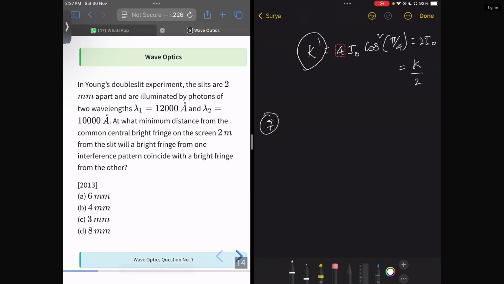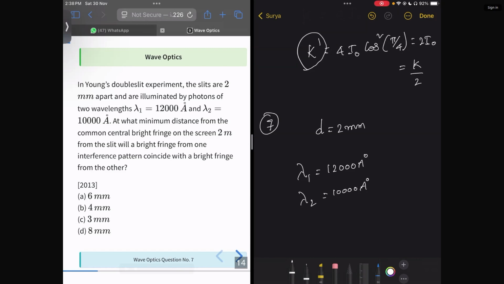So next question. In Young's double slit experiment, the slits are apart, d is equal to 2 mm, and are illuminated by photons of two wavelengths, 12,000 angstroms and 10,000 angstroms.